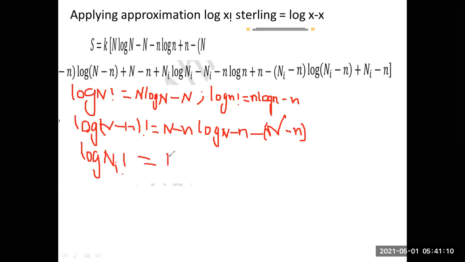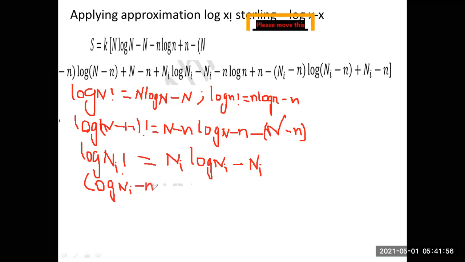Expanded by the Stirling approximation, n suffix I log of n suffix I minus n suffix I. Like this, in the next case also we just expand this n suffix I. The next one also, for your understanding, in the expression n suffix I minus n, this is a factorial.